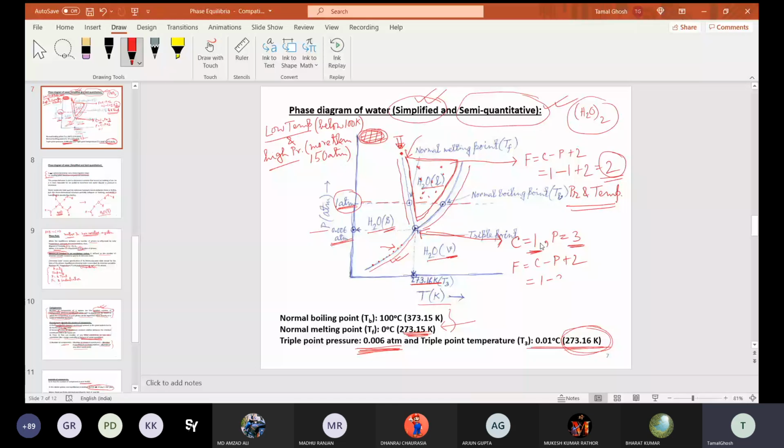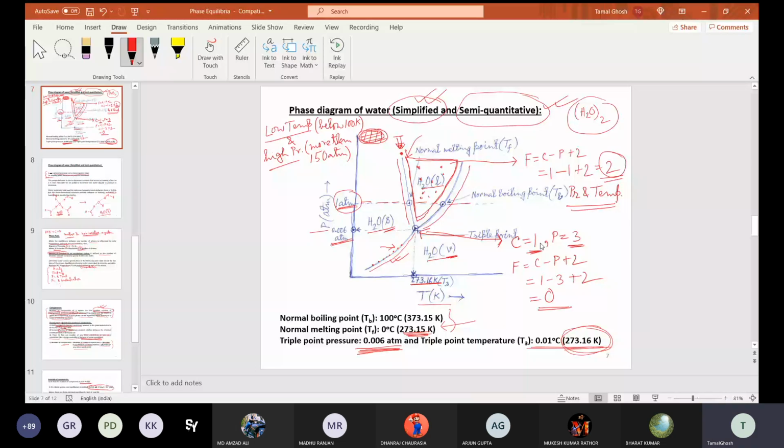So what is the meaning of the 0 value? What does it mean? It means that this system is a non-variant or invariant system at this point, the triple point.